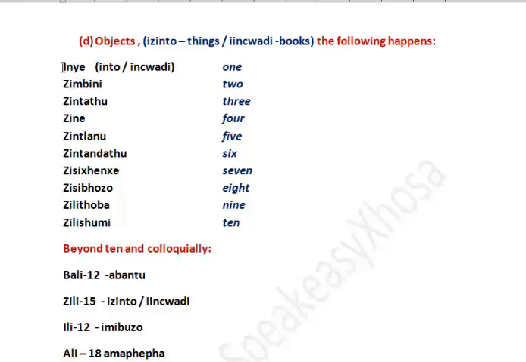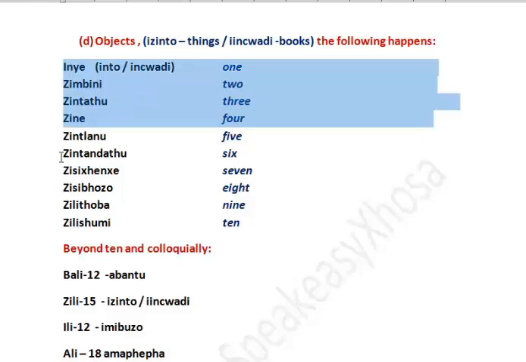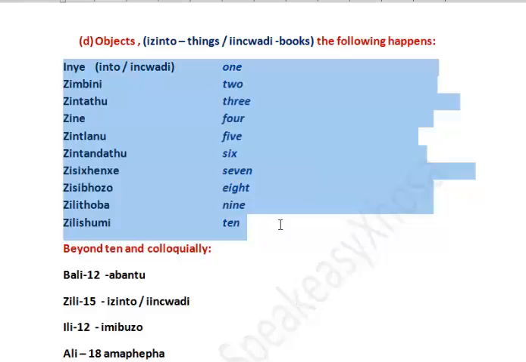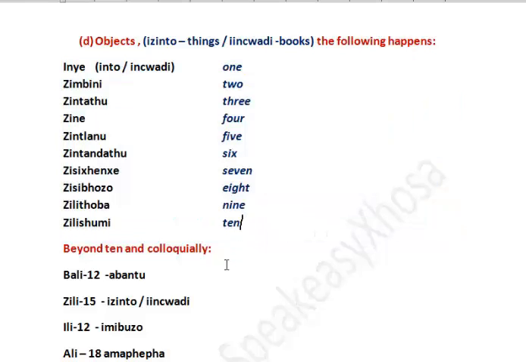And we count as follows. Inye, zimbini, zintathu, zine, zinhlanu, zintandathu, zisixhenxe, zisibhozo, zilithoba, zilishumi. You will find that when counting in everyday isiXhosa, this will be the most frequently used form.